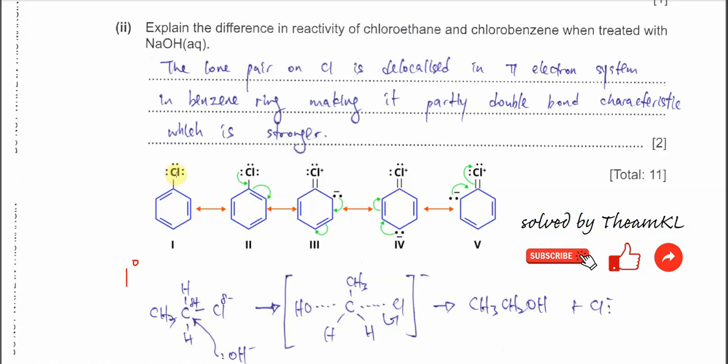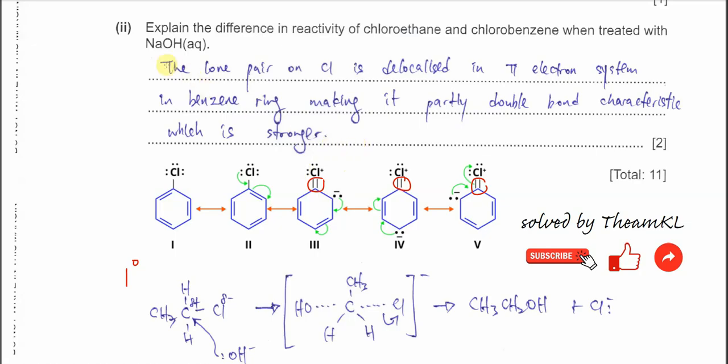In chlorobenzene, you see, if one of the lone pairs of chlorine delocalizes into the benzene ring, when the delocalization happens, you can see that some of the resonance structures form a double bond. A double bond is actually stronger, right? Therefore, it's harder to break. When it's harder to break, it's harder to react. So that's the reason why chlorobenzene is hard to react with sodium hydroxide in aqueous solution. So it's hard to undergo hydrolysis or substitution.